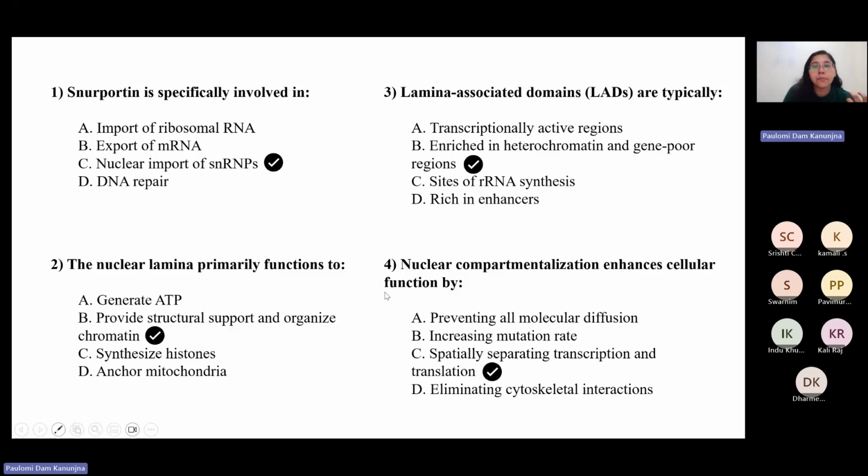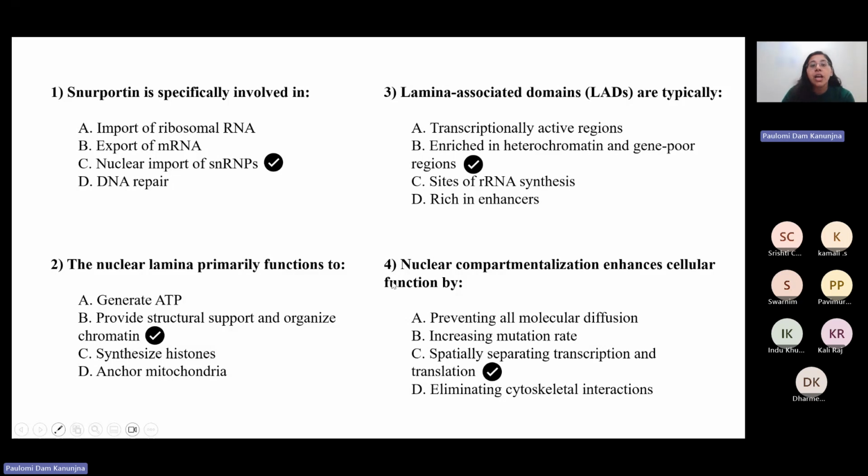They basically combine with pre-mRNA and other proteins, and they're mainly involved in the spliceosome, which is basically, if you know, your RNA, which is synthesized, is edited later or spliced to give the final RNA, which is used for your protein synthesis, right? So that kind of functionality is carried out by SNRPs. And these SNRPs, as you can imagine, have to bind to RNA, so they have to be transported into the nucleus, and that is done by these SNR proteins.